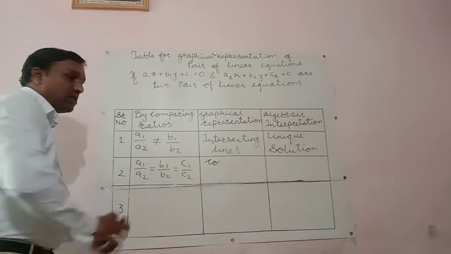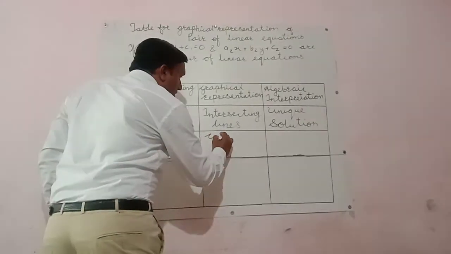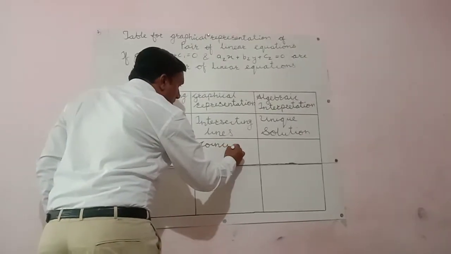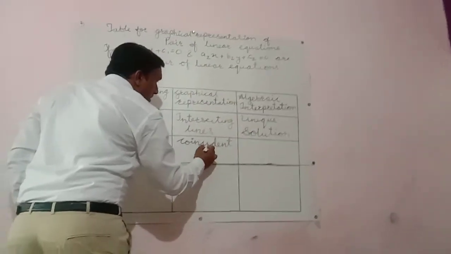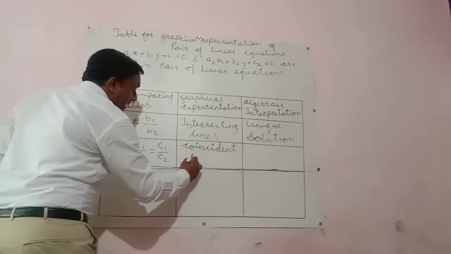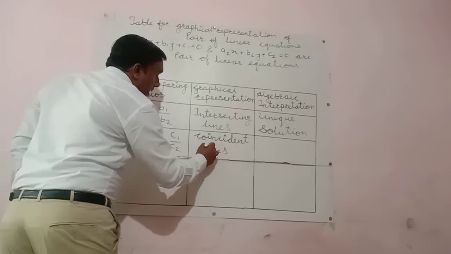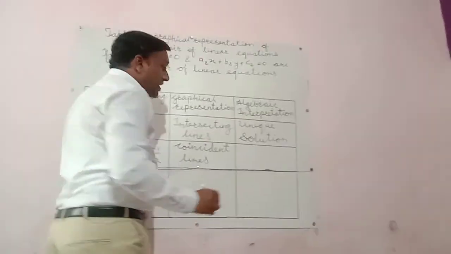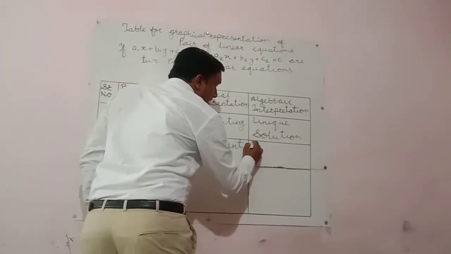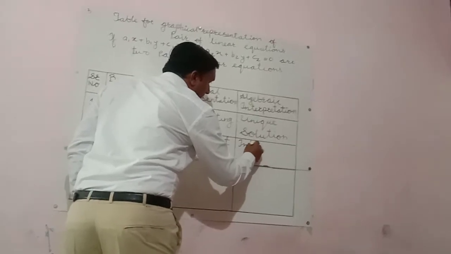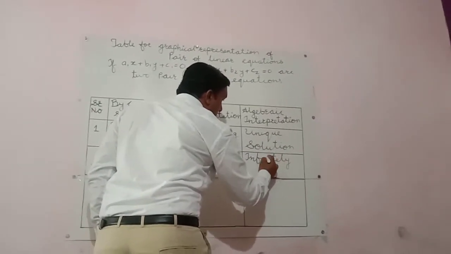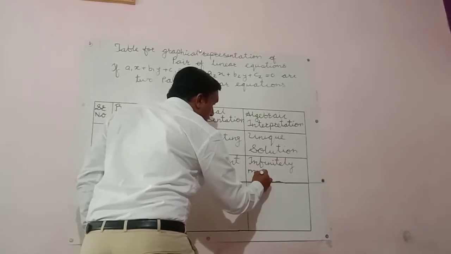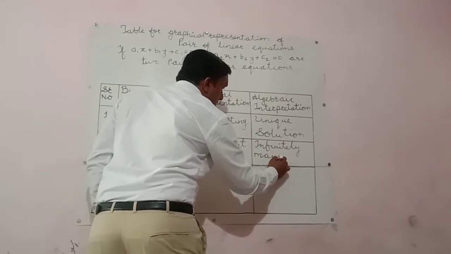If this condition follows, we get coincident lines. Algebraically, we get infinitely many solutions.